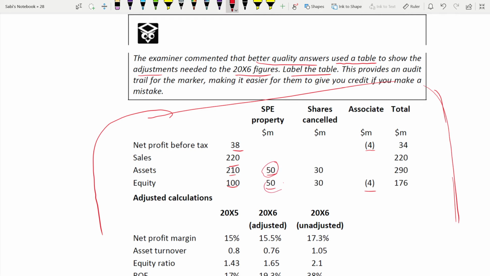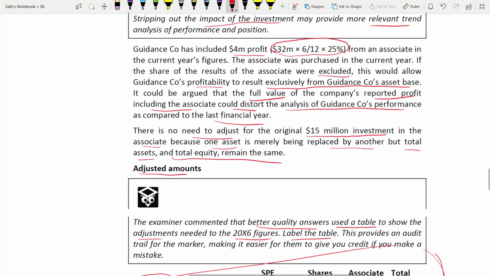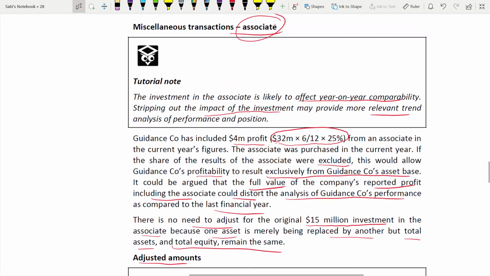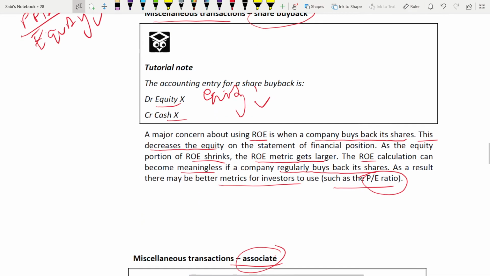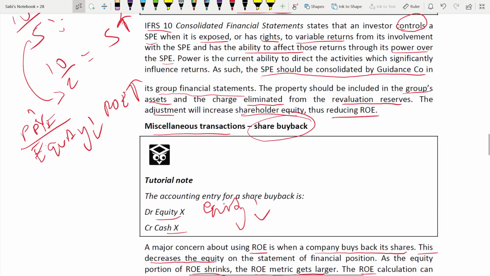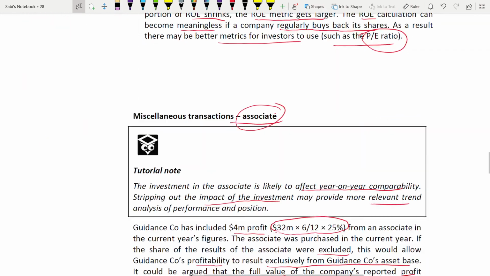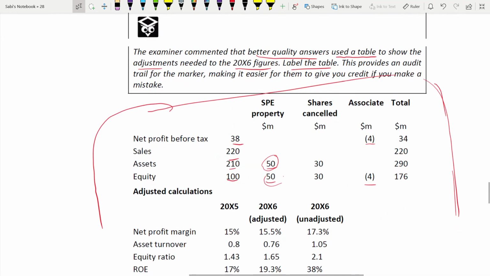Coming to the shares cancelled. It is 30. How is it 30? Here the figures are not written, but we need to work out the 30.